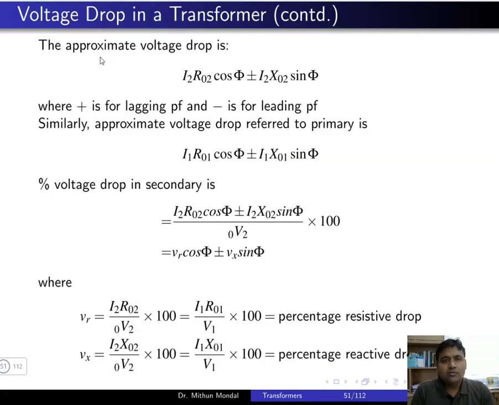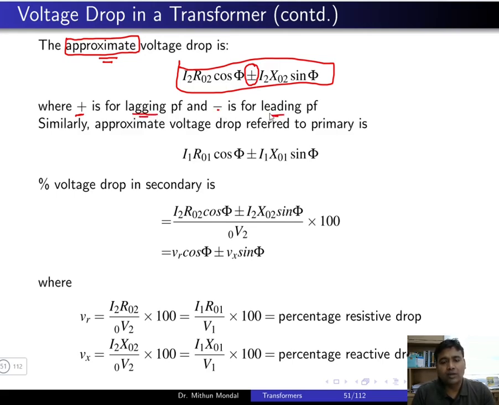So the approximate voltage drop, we are using the term approximate because it will not be totally equal, in the transformer will be I2R02 cos theta plus minus I2X02 sin theta. We have used a plus-minus sign, considering that plus will be for the lagging power factor condition and minus will be for the leading power factor condition.